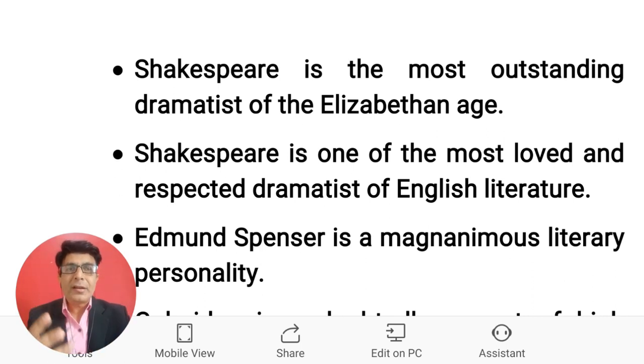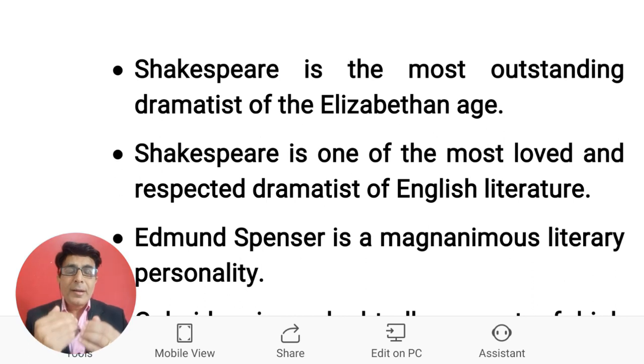Like Shakespeare is the most outstanding dramatist of the Elizabethan age. Now it's not necessary that this sentence is applied to William Shakespeare. Even if you are writing an answer on George Bernard Shaw, then you can say Bernard Shaw is the most outstanding dramatist of the 20th century, right?